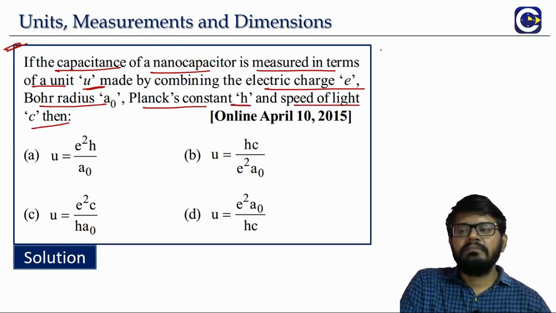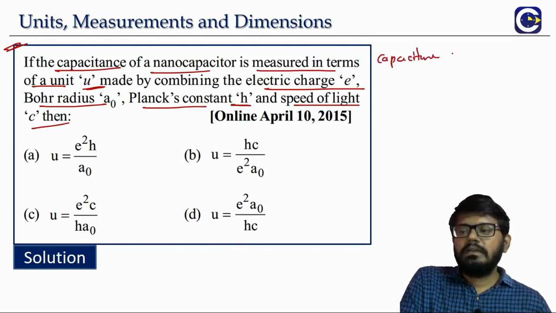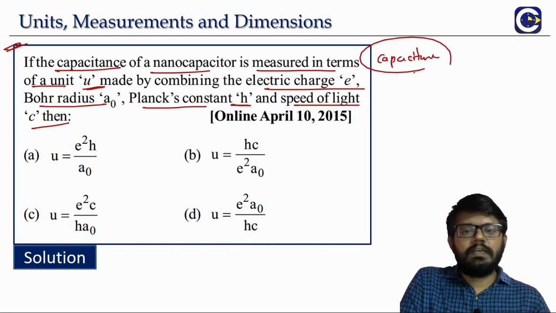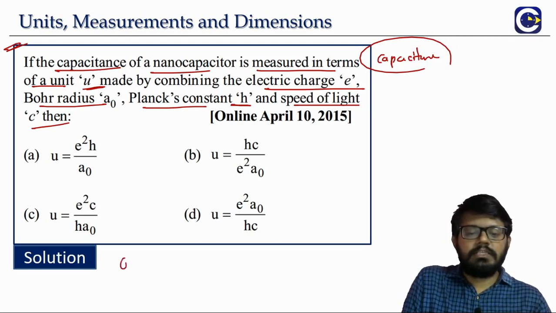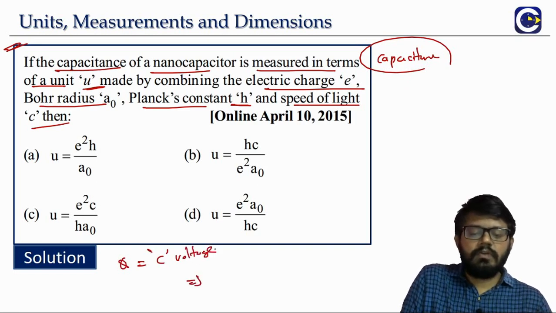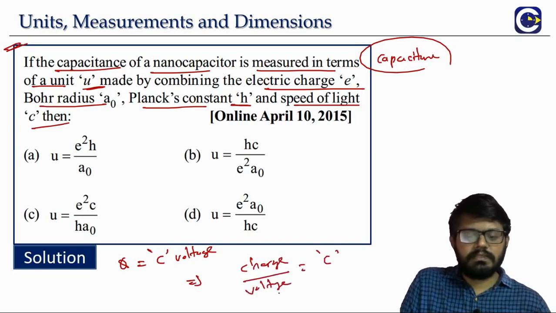See, similar thing, capacitance. We have various ways of expressing the dimensions of capacitance, but we can relate charge on a capacitor, which will be equal to capacitance into the voltage. So from here, charge by voltage is equal to capacitance.